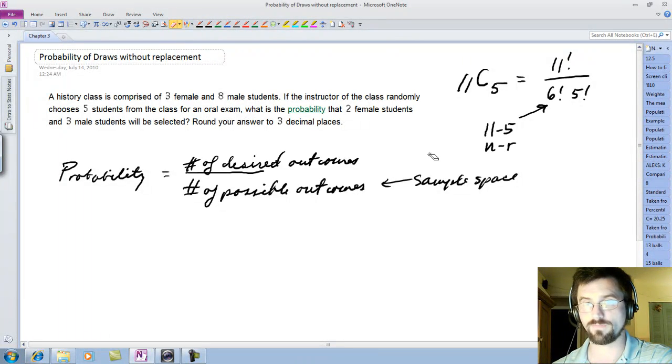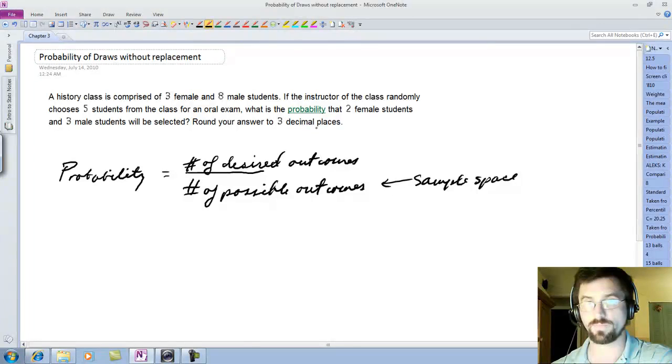If you forget the formula, here I'll show it to you real quick and then we'll do it again. So the formula for combinations, when we're choosing r out of n, is n factorial divided by (n minus r) factorial times r factorial.